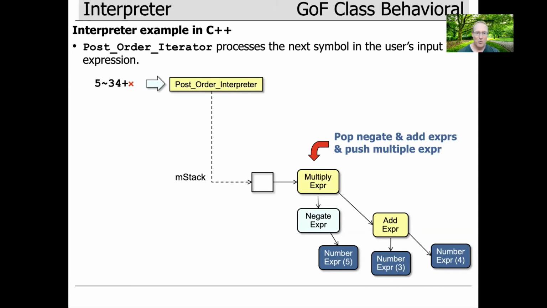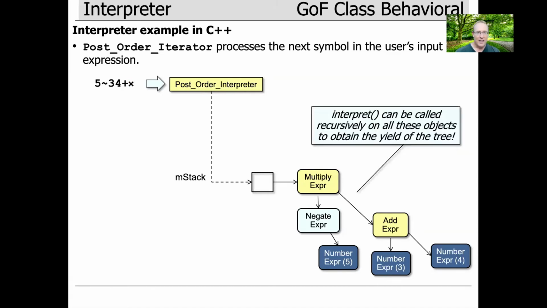And that will end up with what we see here in this diagram, the final parse tree, and the root of the parse tree will be the top item in the stack. At this point, you could go ahead and call the interpret method on the root of the tree, and it would compute the yield of the tree, which of course in this case would be the value minus 35. And it's all very clever and cool how it works by using the interpreter pattern to create that parse tree, and then we can interpret its value.